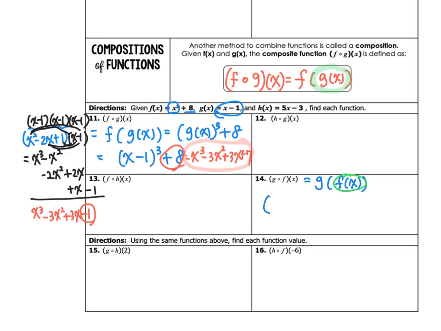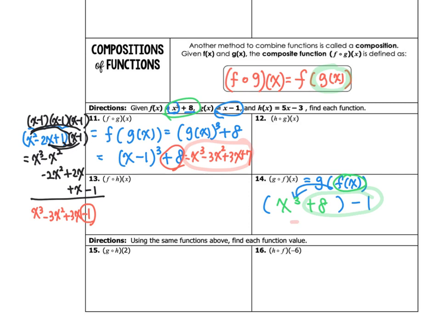So instead of x, what do I need to put? That's right, I need to put f of x in there. So f of x is x cubed plus 8. All right, at least we don't need to do those FOIL multiplications, right? So combine the like terms, which is 8 minus 1, that will be 7.